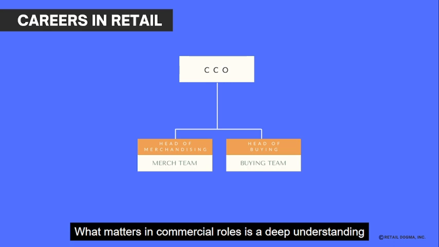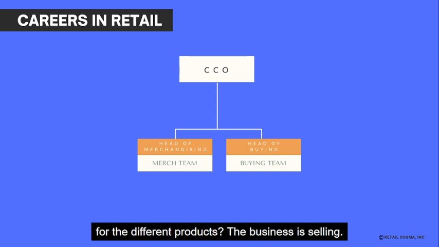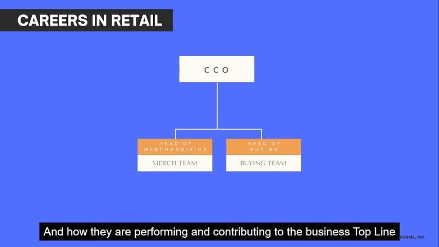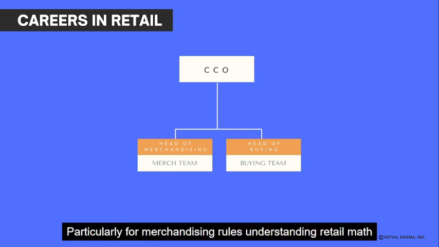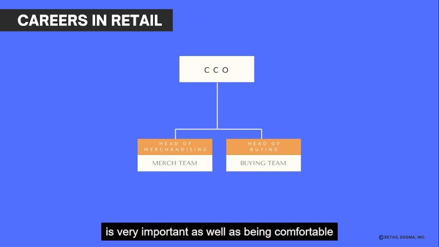What matters in commercial roles is a deep understanding for the different products the business is selling and how they are performing and contributing to the business top line and bottom line. Particularly for merchandising roles, understanding retail math is very important, as well as being comfortable working with numbers and using advanced Excel functionalities to generate and analyze reports.